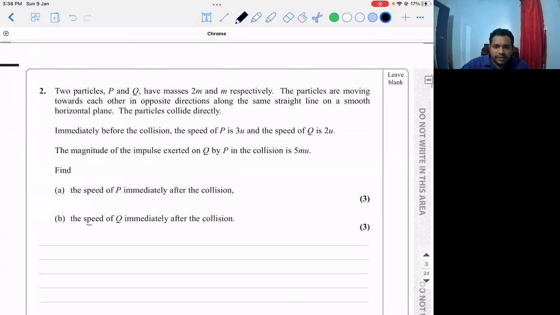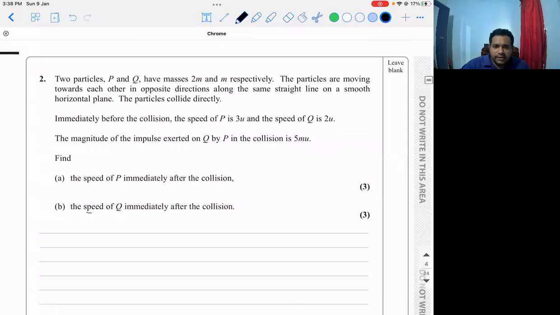So in this question 2, we just read this question. This question falls under the category of momentum conservation. Two particles, P and Q, have masses 2m and m respectively.